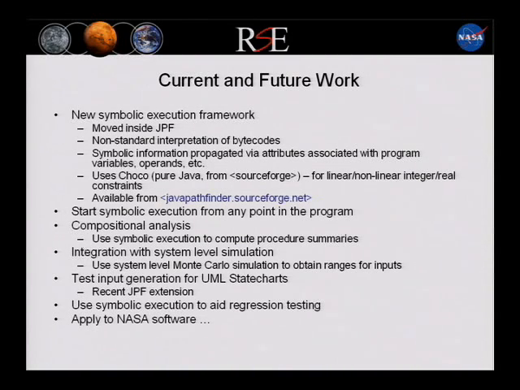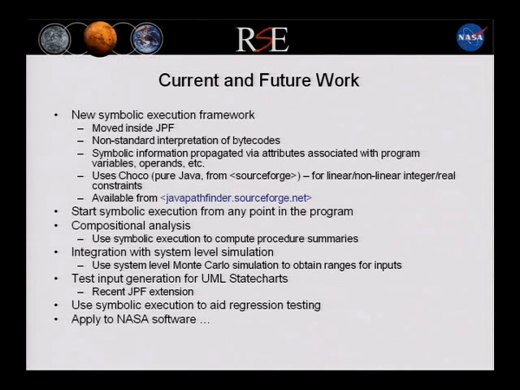Now we use another decision procedure that I found on SourceForge, called Choco. The advantage is that it's pure Java, which is good for development because many people work on this framework, and it works on any platform. Later we want to integrate other decision procedures for it.